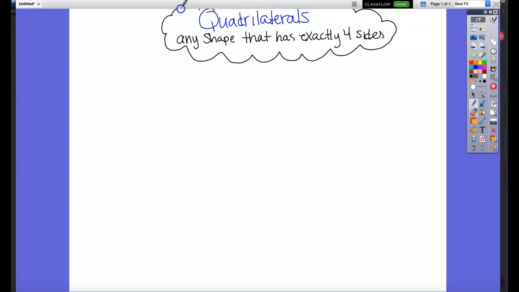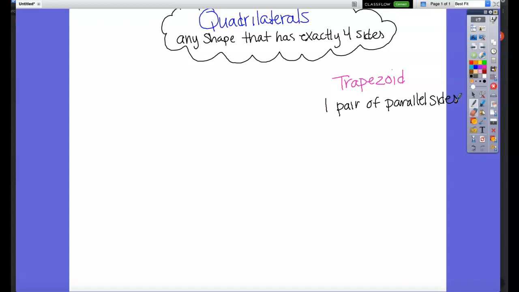Now we can have different types of quadrilaterals. One type is called a trapezoid. Now a trapezoid has one pair of parallel sides. And a trapezoid can typically look in 2 different ways.